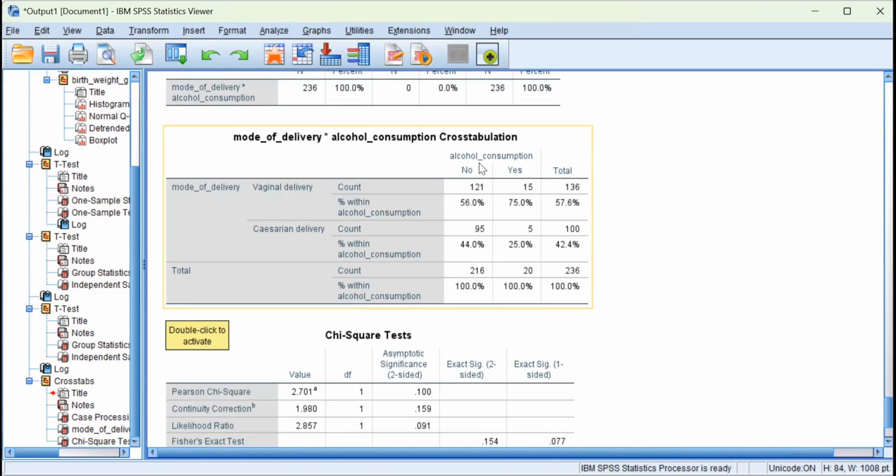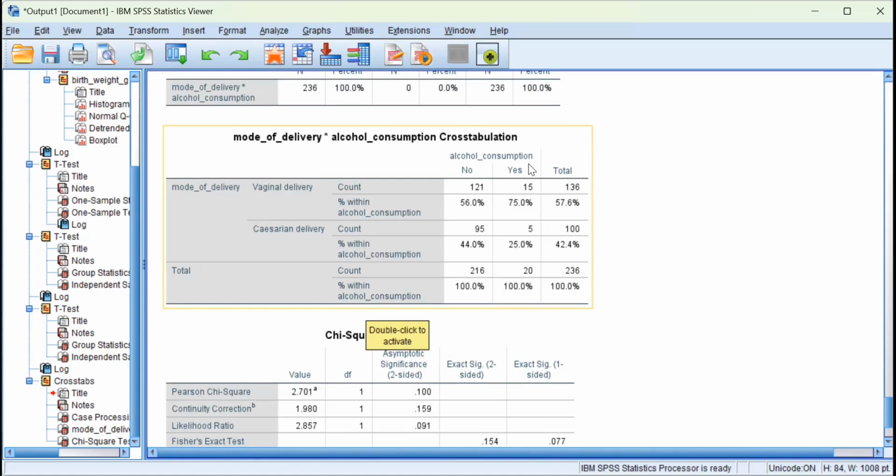For those who do not drink alcohol, how many of them gave birth through vaginal delivery? 121, that's 56%, right? So those who don't drink alcohol, more of them give birth normally than those who drink alcohol. Anyway, we are focused on those who don't drink alcohol. More of them give birth normally.